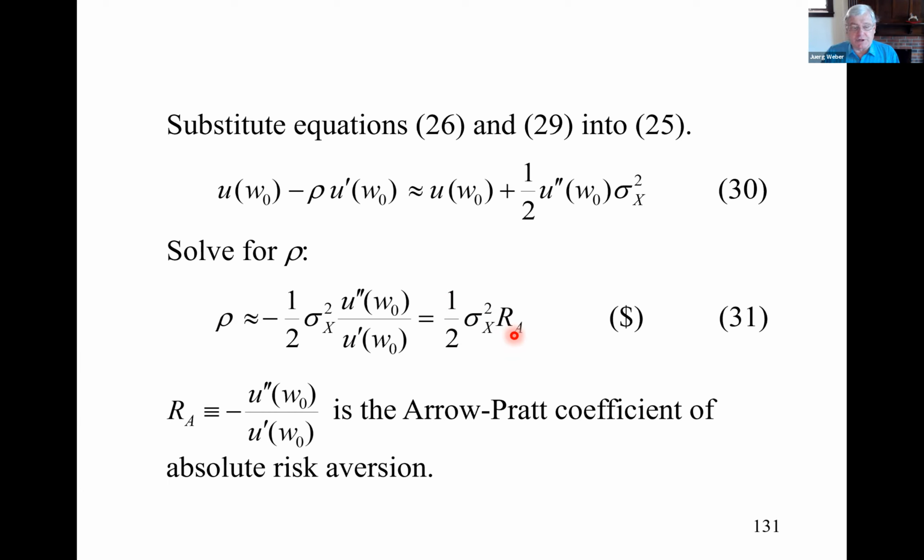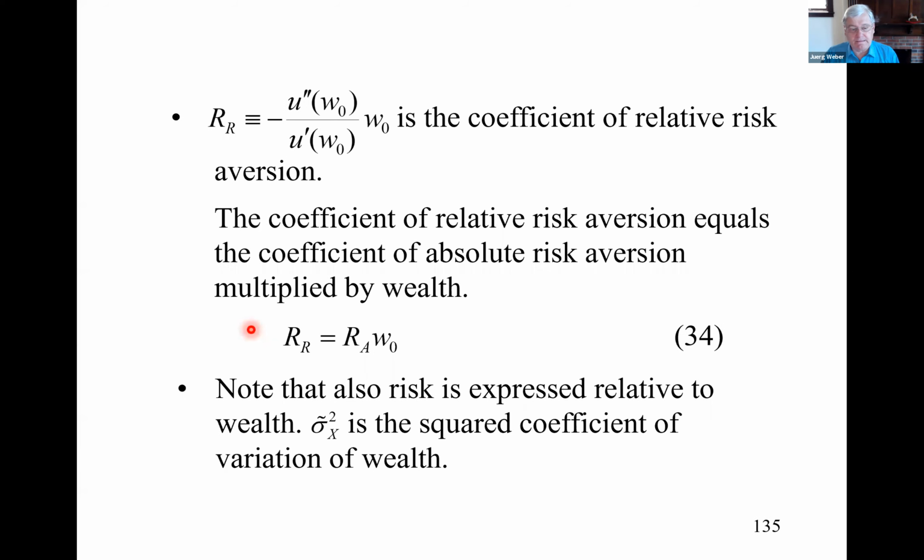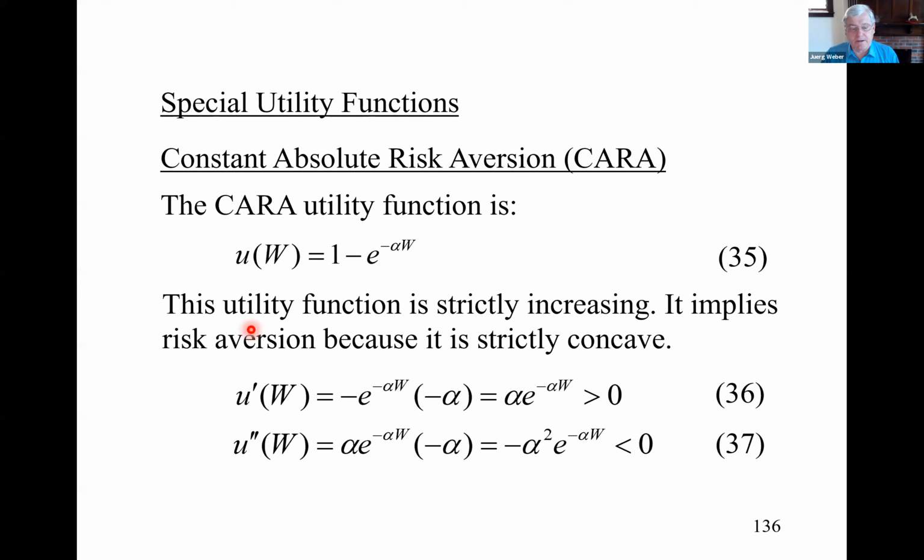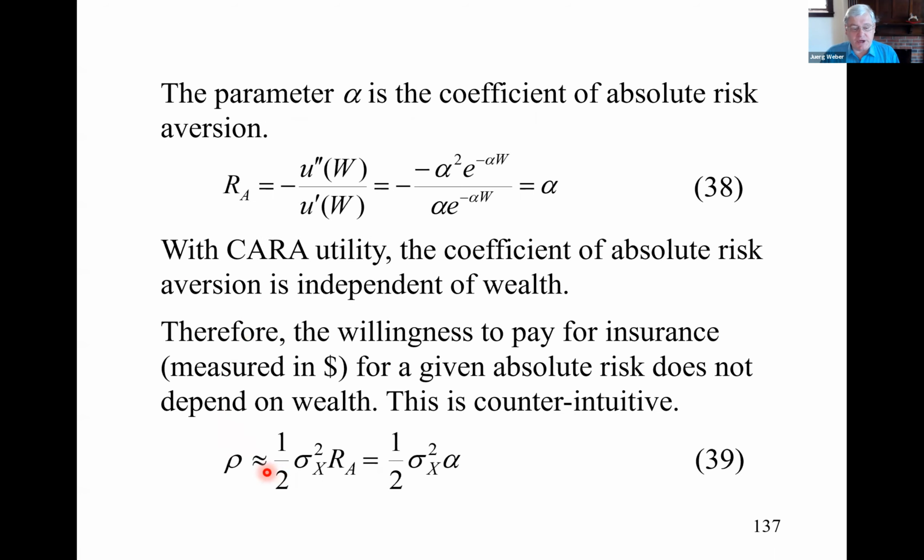We did this approximation using those Taylor series. So here I'm now using equation 31 and I'm plugging in for RA. So I'm having alpha here, and you see here now the risk premium of the consumer, which really determines the willingness of the consumer to pay for insurance. This risk premium does not depend on wealth.